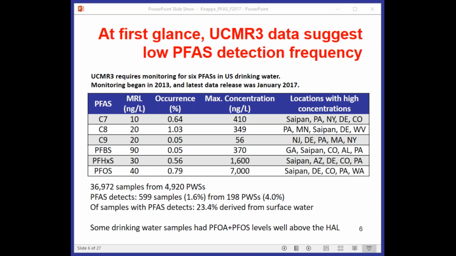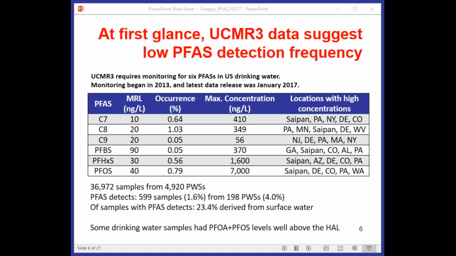And then, another question one can ask is are PFASs primarily a surface or groundwater problem? And nationwide, PFASs are primarily a groundwater problem, with more than 3/4 of the samples coming from groundwater systems.